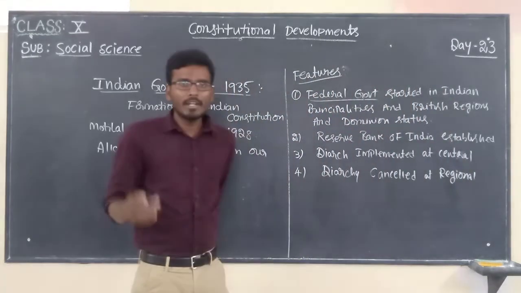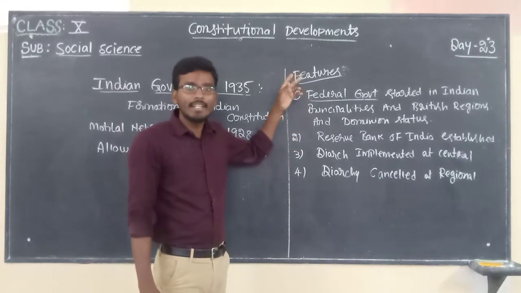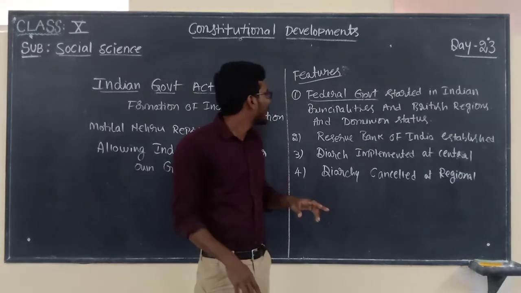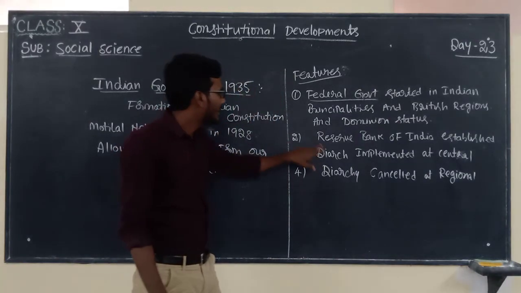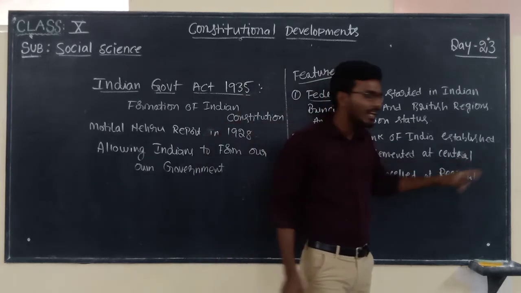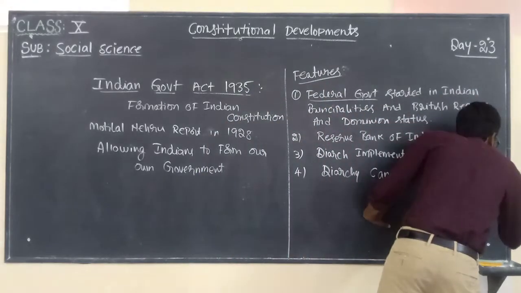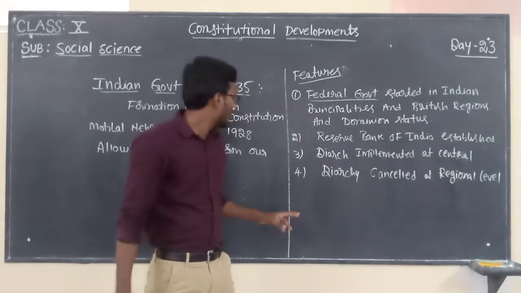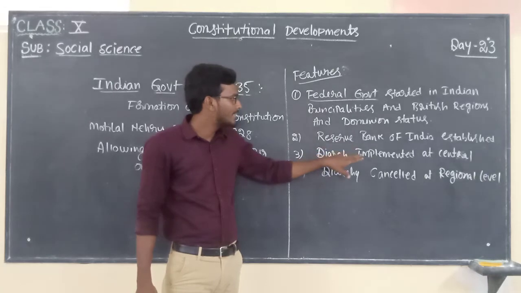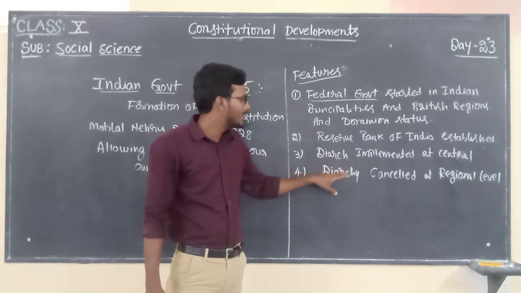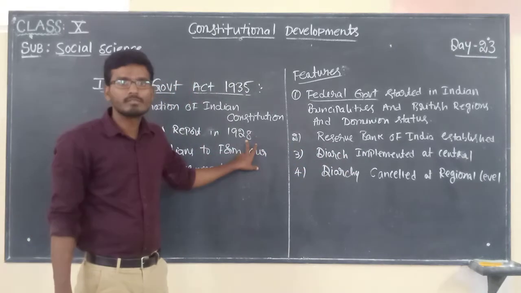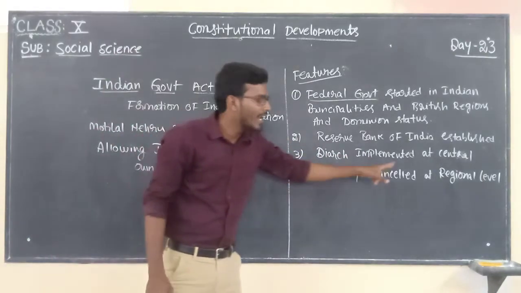In the previous Indian Council Act 1919, Dyarchy was implemented at both central and regional levels. But as per the 1935 Act, Dyarchy was implemented only at central and Dyarchy was cancelled at the regional level. So now here: federal form of government, Reserve Bank of India established, Dyarchy implemented at central and cancelled at a regional level.